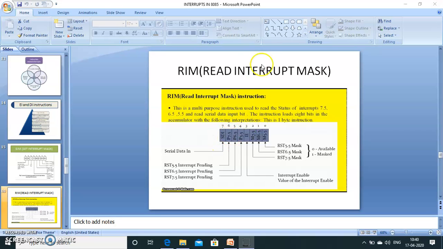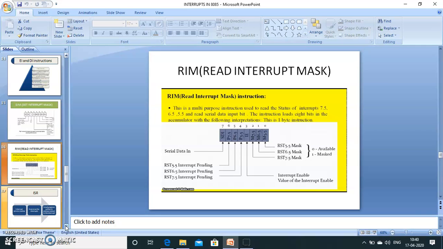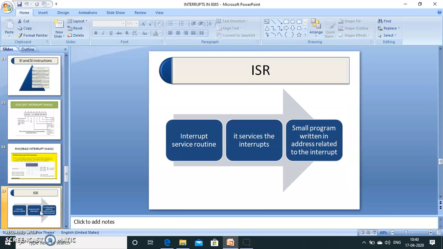You can read the status of interrupts at any time by using the RIM instruction. After the RIM instruction, the accumulator contains each flag value, so from the accumulator value we can take the status of each interrupt. Now again coming to the ISR. ISR means interrupt service routine.